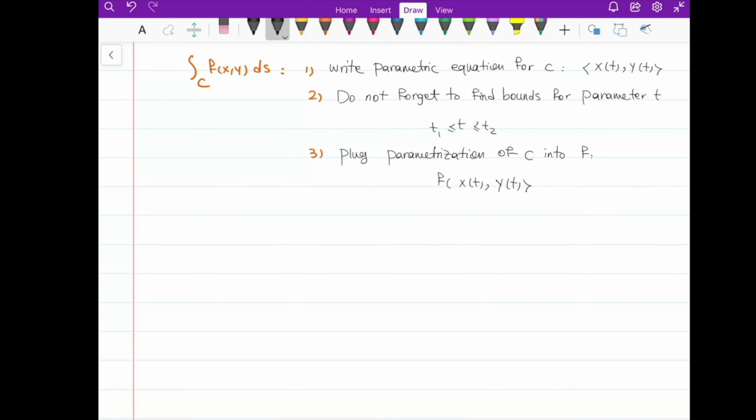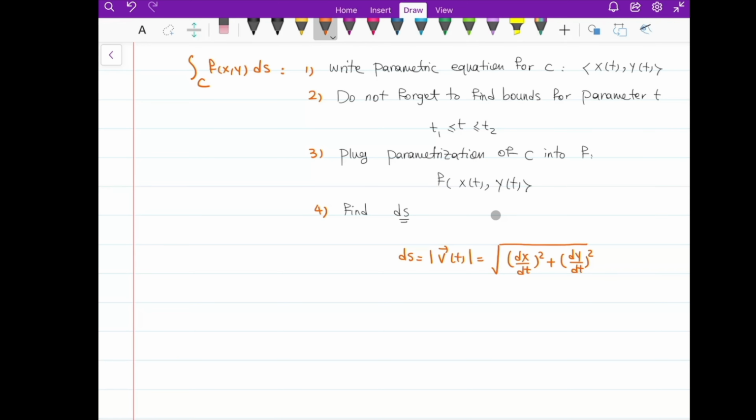Then we need to find ds. Okay, what is ds? If you remember the formula for the arc length, ds was the length of the velocity vector, which is the square root of dx dt squared plus dy dt squared, right?